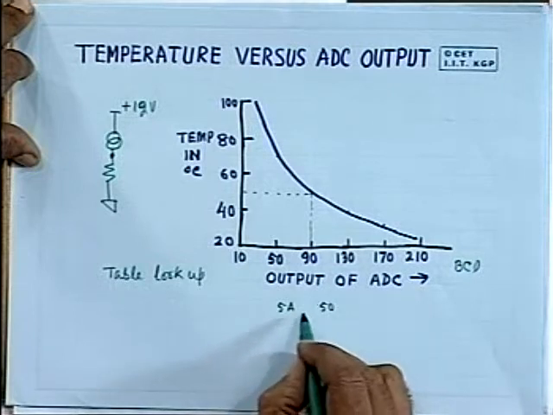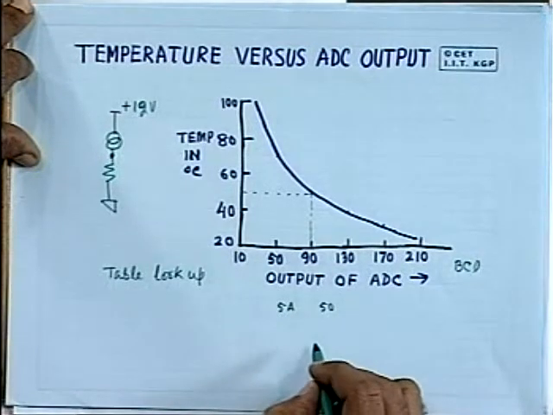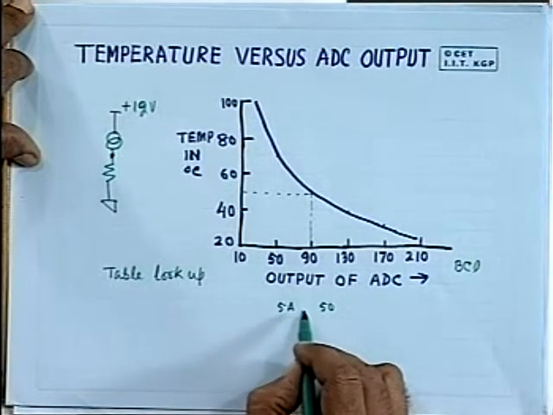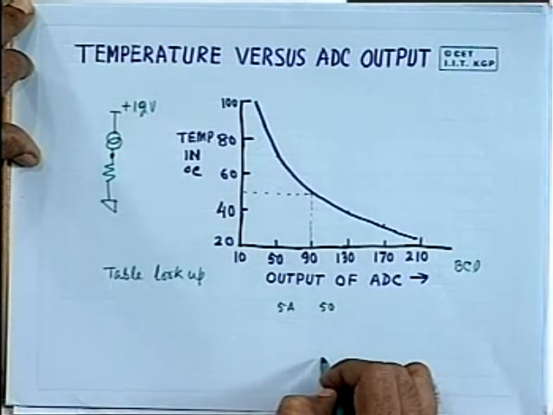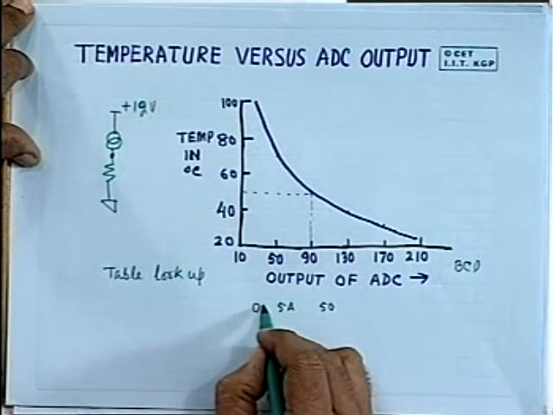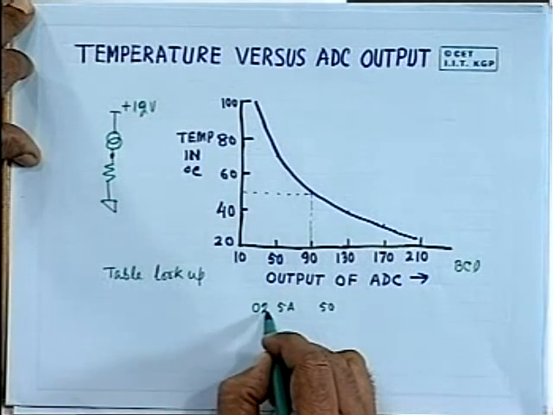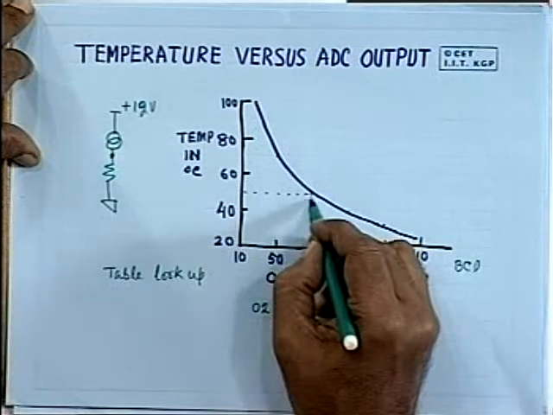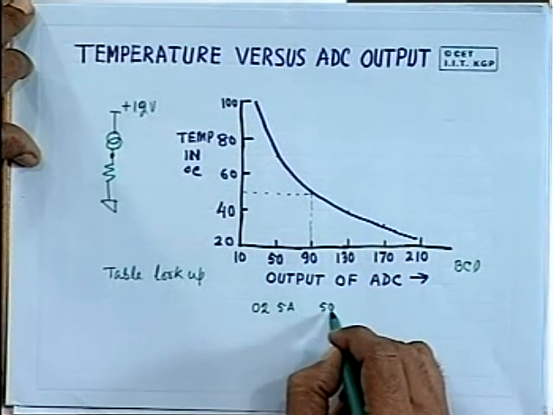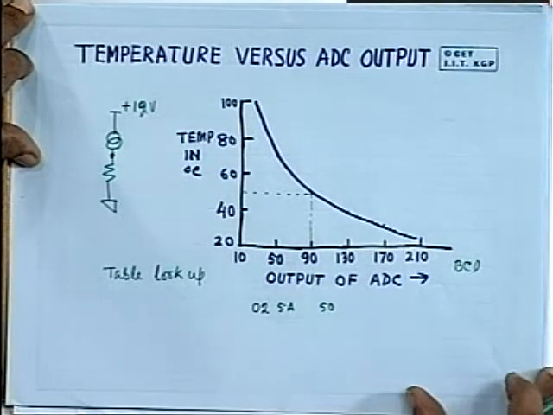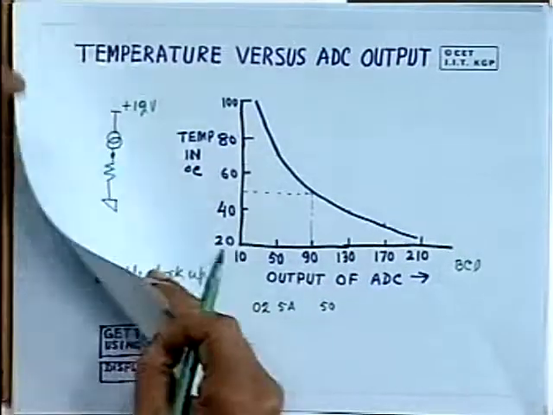So we use a table and store this value 50 and other values in the memory. We append the most significant byte, and the least significant byte is the digital value, and in this location we store the temperature in degree centigrade. So this technique has been used in this software program.